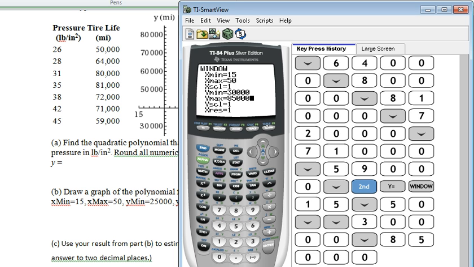Now we can press graph, and there is the data expressed as a scatter plot.